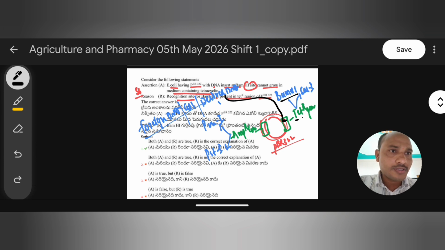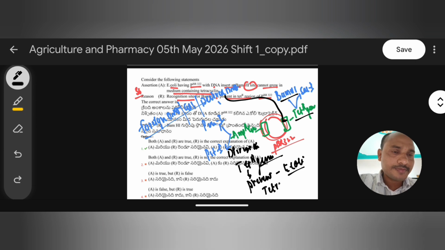Because it disturbs the gene that allows growth in tetracycline-containing medium. So when we insert foreign DNA at the BamHI site of pBR322, it disturbs the tetracycline resistance gene, and this prevents the E. coli cells from growing on the tetracycline medium.